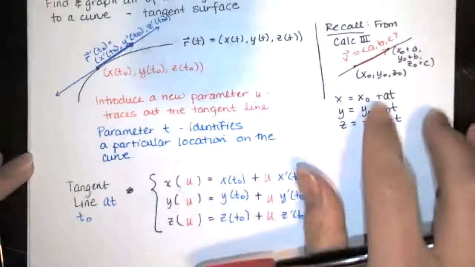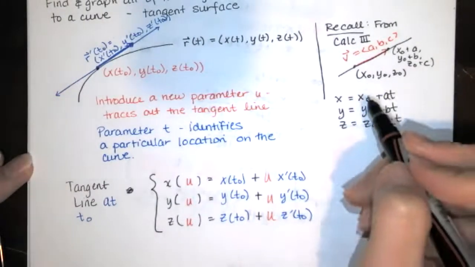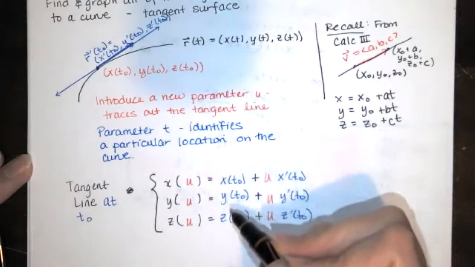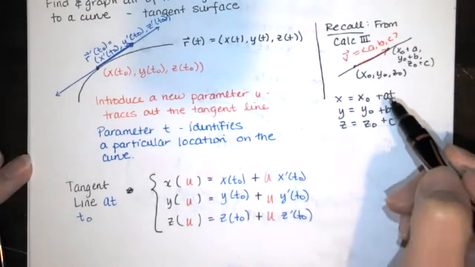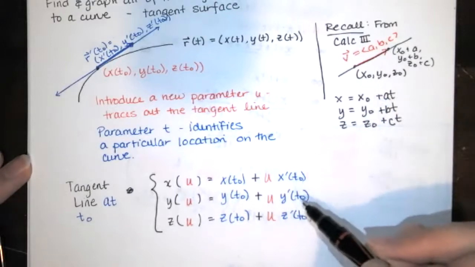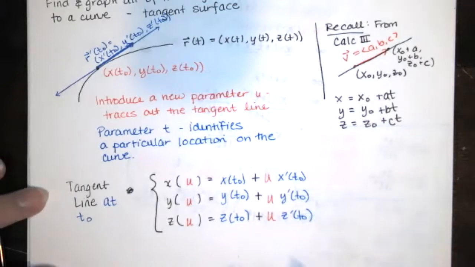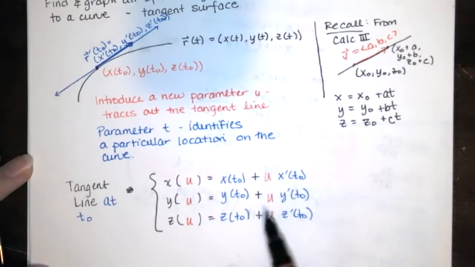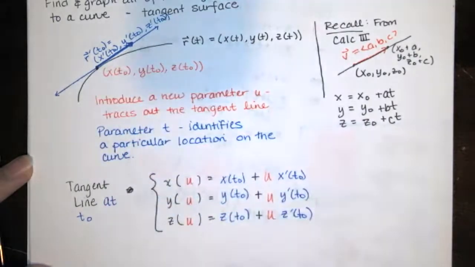So this looks a little different than this, but it's exactly the same thing. Instead of x naught, y naught, and z naught, we have x of t naught, y of t naught, and z of t naught. And instead of a, b, and c, we have x prime of t naught, y prime of t naught, and z prime of t naught. And then we have a u there. And as u takes on different values, we trace out this line.